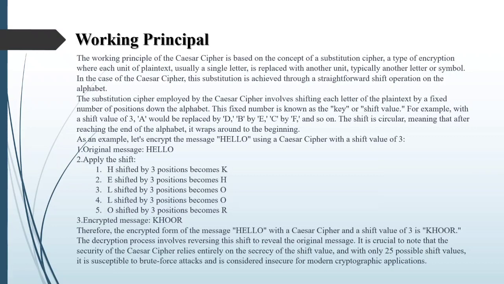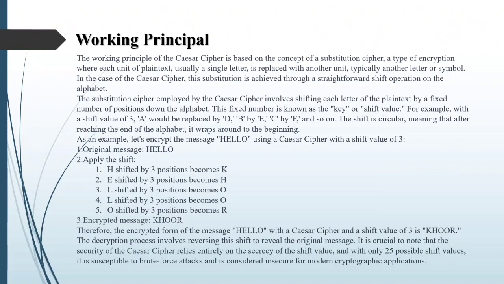For example, with a shift value of 3, A will be replaced by D, B by E, C by F, and so on. The shift is circular, meaning that after reaching the end of the alphabet, it wraps around to the beginning. As an example, let's encrypt the message HELLO using a Caesar cipher with a shift value of 3.